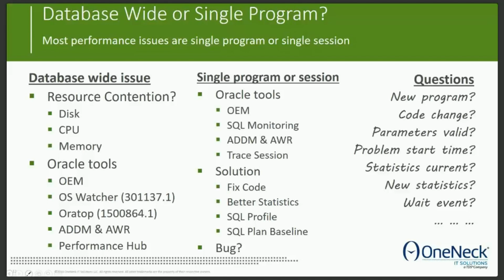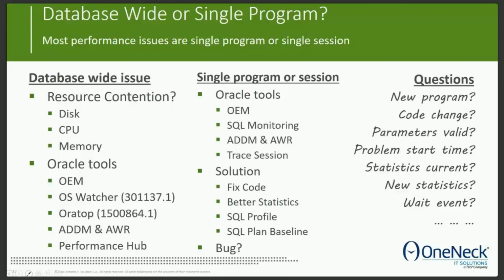Again, these are some of the questions you should be asking. Even if it is a database-wide problem, you'll be asking questions like, did we change any database parameter recently? Did the database restart the last day, where we changed some parameter in the SP file and never bothered to bounce the database at that time?